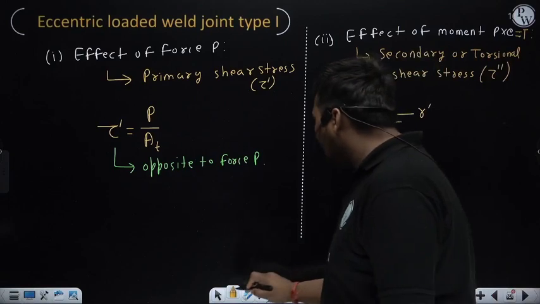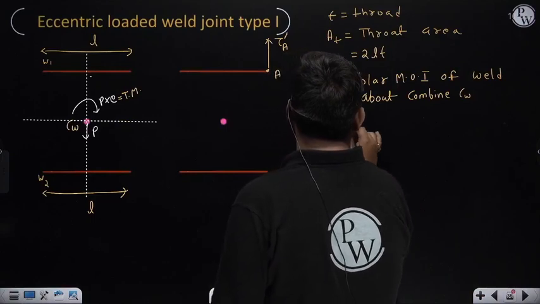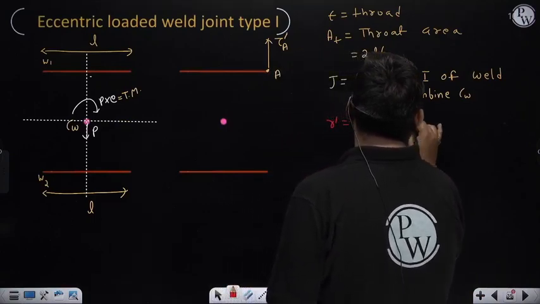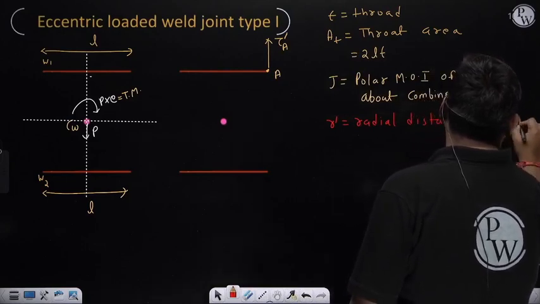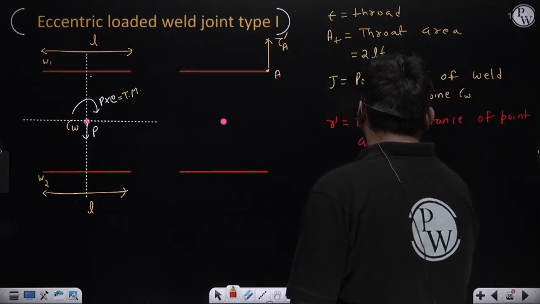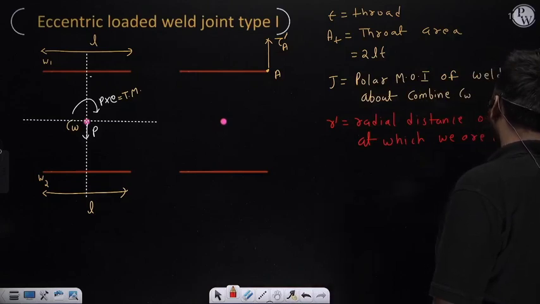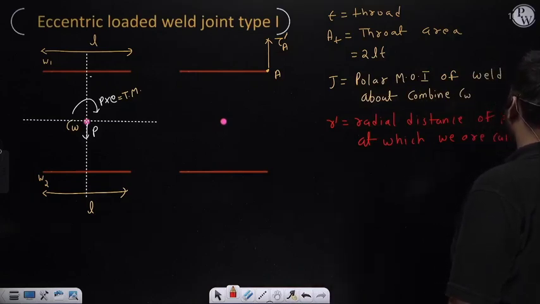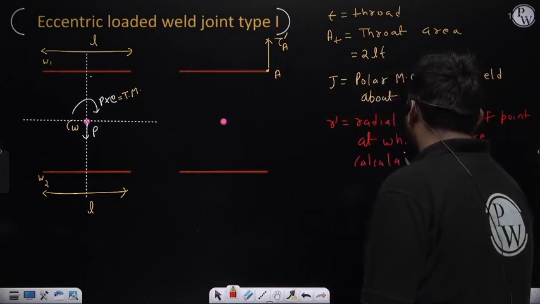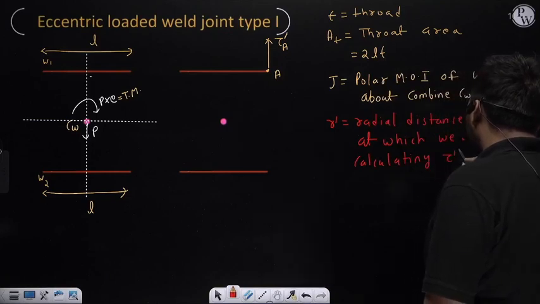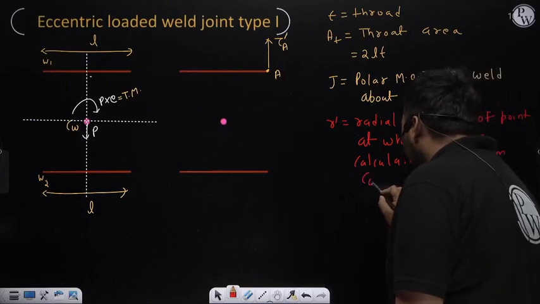Small r dash is radial distance of the point at which we are calculating secondary shear stress, that is tau double dash, from combined centroid which is CW.